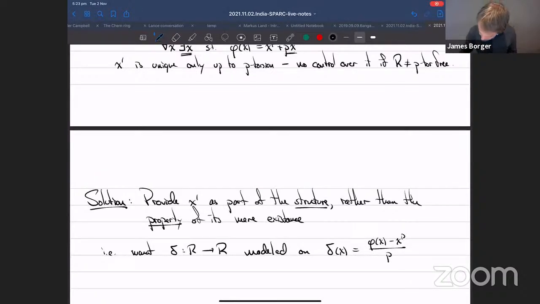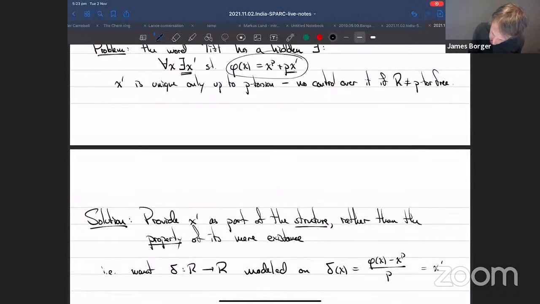If you like, this is x prime, and that makes sense when the ring is p-torsion free, because this quotient is uniquely determined. But now we want an actual operator, which is modeled on this.